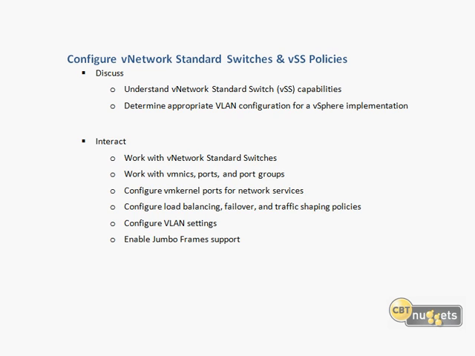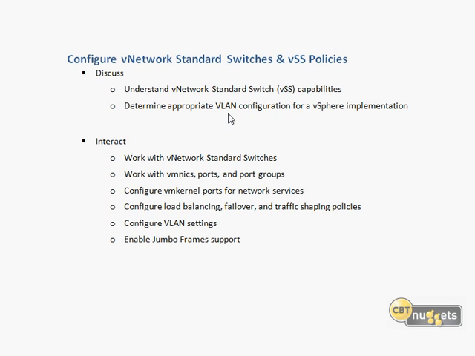So in this nugget, we're going to talk about standard switches and the networking policies that you can associate with those standard switches. We're going to talk about their capabilities, and then also here in just a minute we're going to talk about the different ways in which you can configure those switches, not only in a VLAN configuration, but also in a direct connection configuration. I've got an image I'll show you here in just a second that will help you understand how that works.